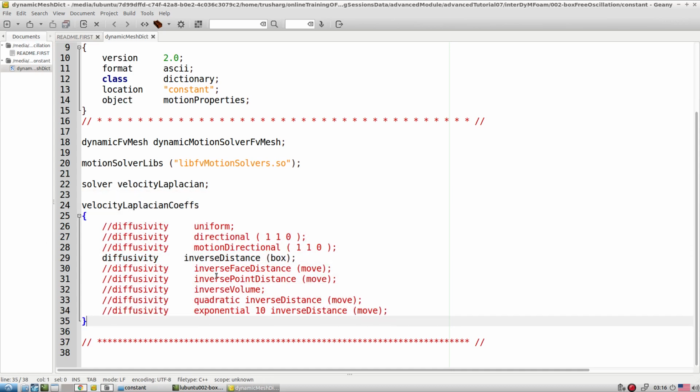Here our box is oscillating, so we say box here. In the previous case we said move, so I kept the same entry here. Let me modify this, so everywhere it is box. Depending on our mesh, we have to tune these parameters so that the mesh does not distort. That is what you are supposed to do from this side.